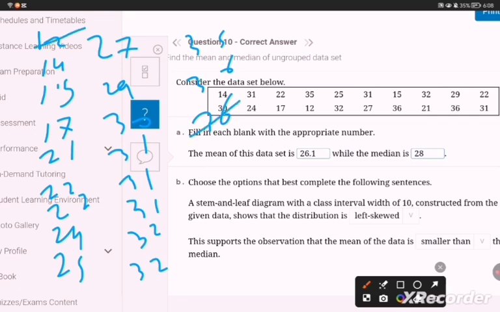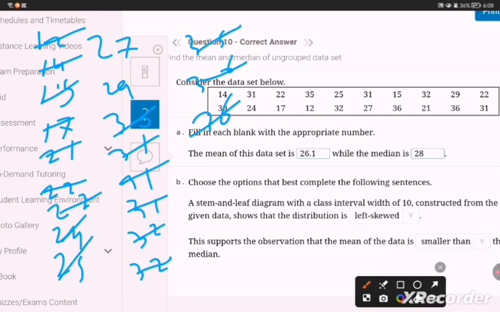So cross out. So 36 and 12, 36 and 14, 35 and 15, 32 and 17, 32 and 21, 31 and 22, 31 and 22, 31 and 24, 30 and 25.